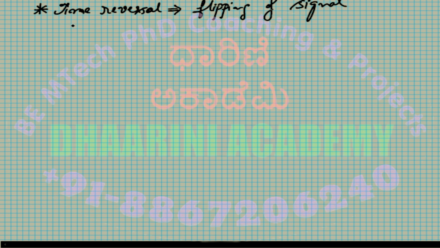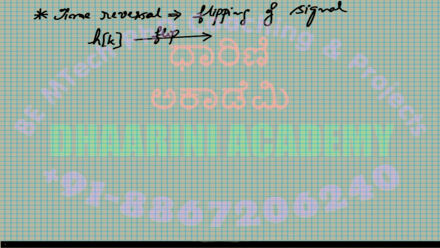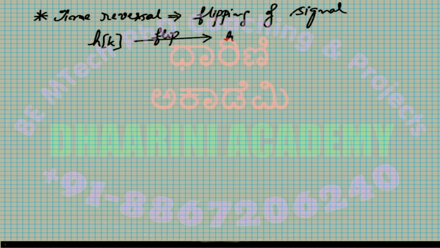So let us say I have a signal h of k, and I want to flip it. When the signal gets flipped, we can write that as h of minus k.